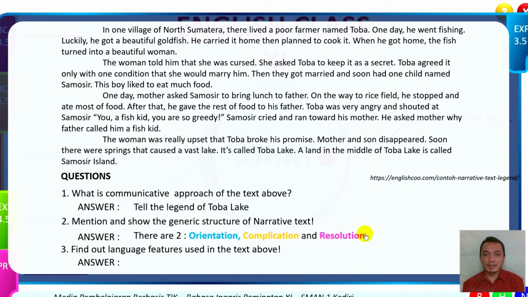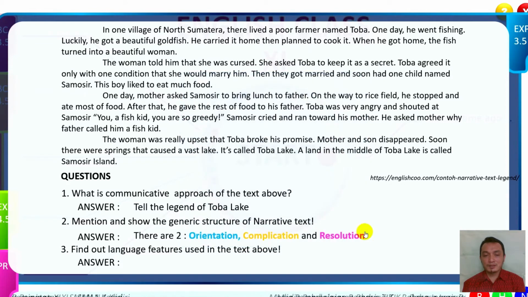And complication is about the conflicts or the events that gradually go to the top, gradually going to the climax, we can say. And then the resolution is the solution to the problems that happen in the complication. So the last paragraph is the resolution, at the close of the story.